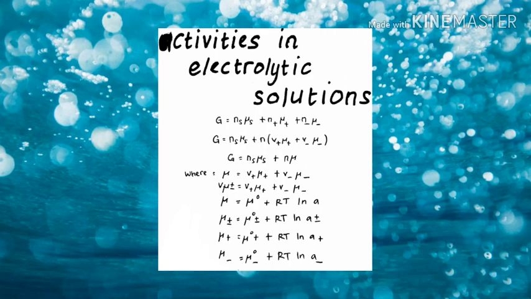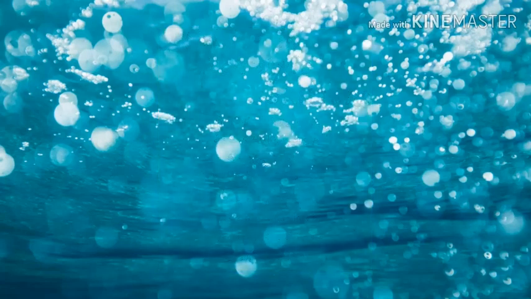By the additivity rule, the Gibbs energy of the solution should be the sum of the Gibbs energies of the solvent, the positive ions and the negative ions. It has the form G = ns μs + n+ μ+ + n- μ-, if each mole of the electrolyte dissociates into ν+ positive ions and ν- negative ions.